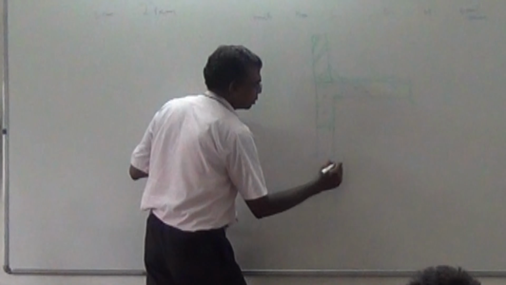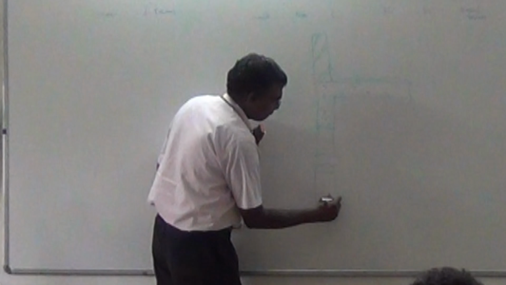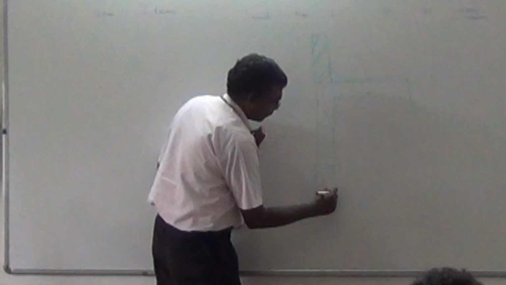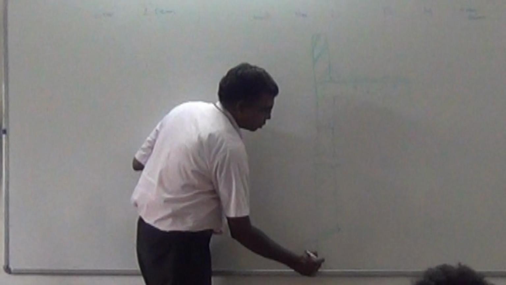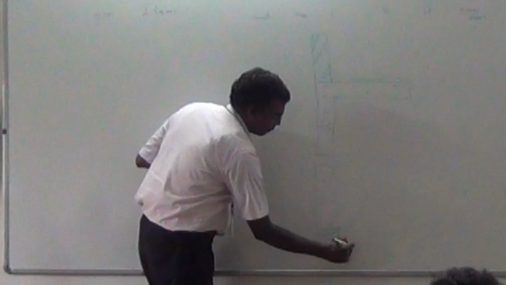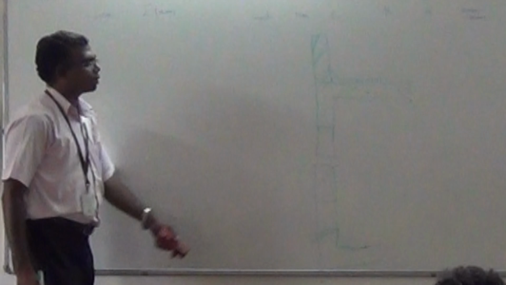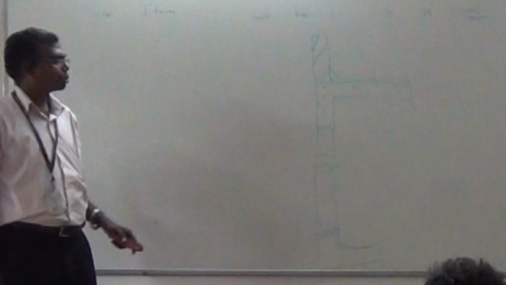Then I got to do a lintel, and then below the lintel we have another slab. This will be the floor slab. So suppose this is one of the top levels. This is how it's going to be.